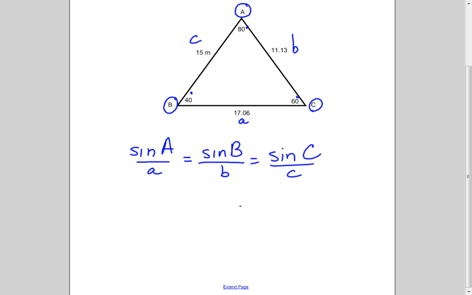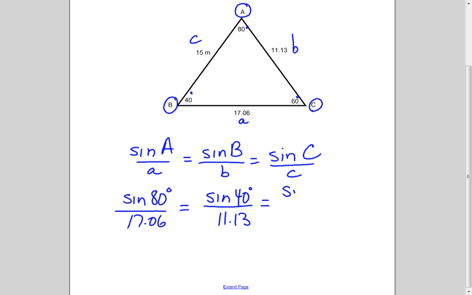You can use the sine law all upside down as well if you wish, if that makes it easier for some calculations. Let's plug our numbers in and see if it's holding true for this triangle. Is it true that sine of 80 degrees divided by 17.06 is equal to sine of 40 degrees over 11.13 and sine of 60 degrees over 15?